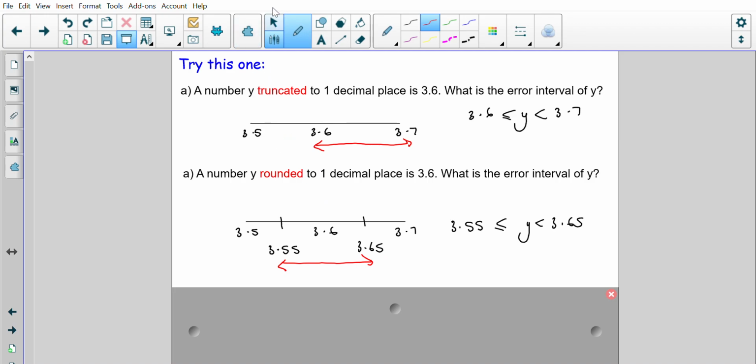The other thing that it's worth noticing, and we're just going to make a note of this in a minute, is when we truncate, the upper and lower bound have the same number of digits as my original number. Whereas when we round, because we're going from the halfway points, the upper and lower bound have one more digit than the original number.